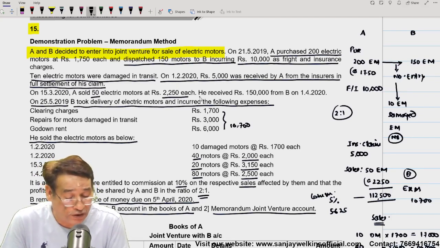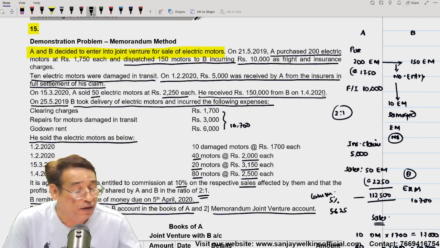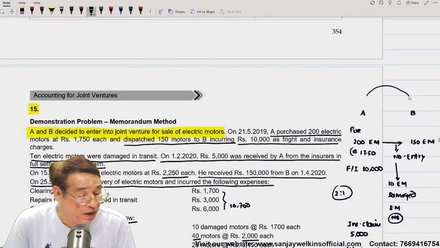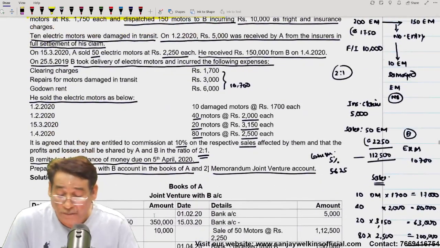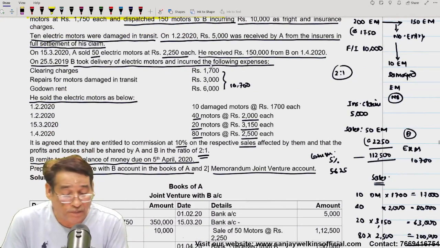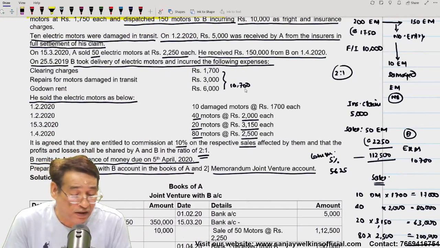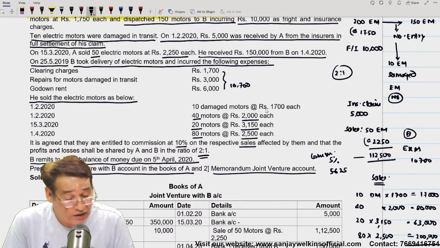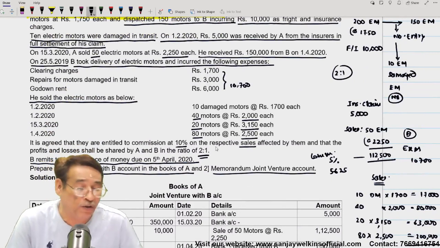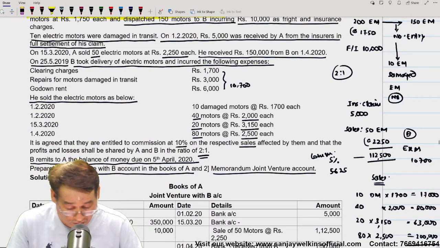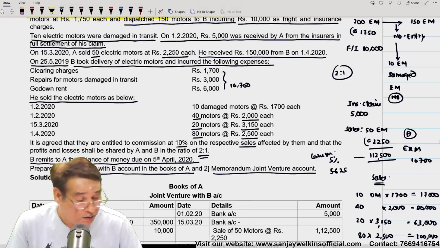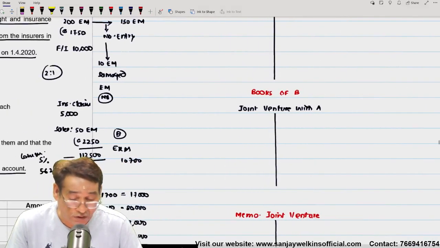One more information is given. Mr. A received 1,50,000 from B. B took delivery of the electronic motors and incurred 10,700 as expense, and then his sales were as follows, and commission and profit sharing ratio. So everything is now taken care of. Now we can start solving the question.